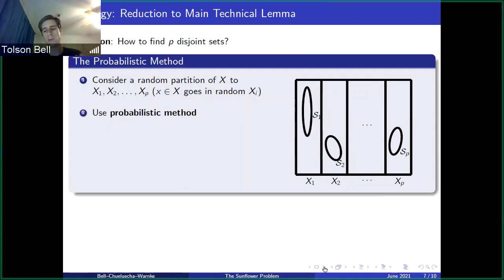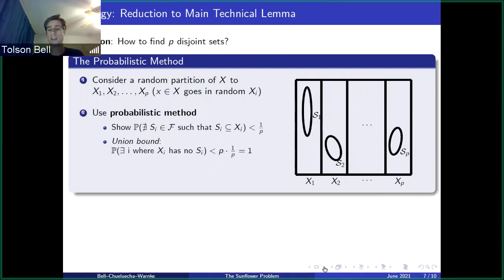So what we want to show is, given any one bucket, let's just look at one bucket now, the probability of it failing to contain a set, this is kind of our failure probability when we randomly throw it out, is less than 1 over p. And so because then that tells us if we do this p times, our overall failure probability by a union bound is less than 1.